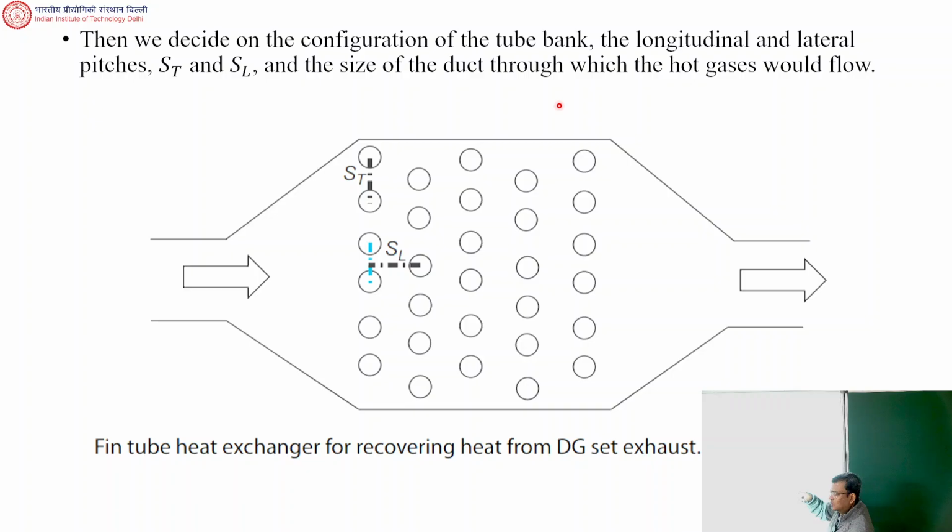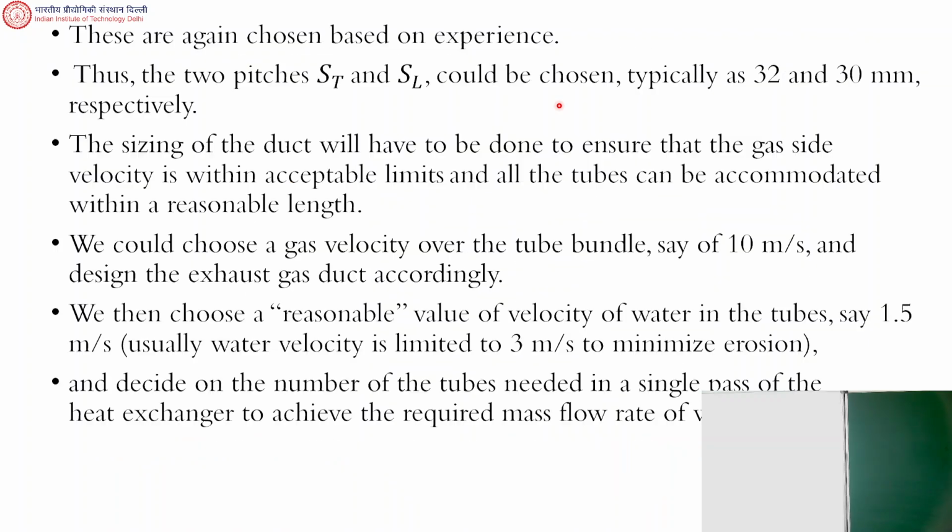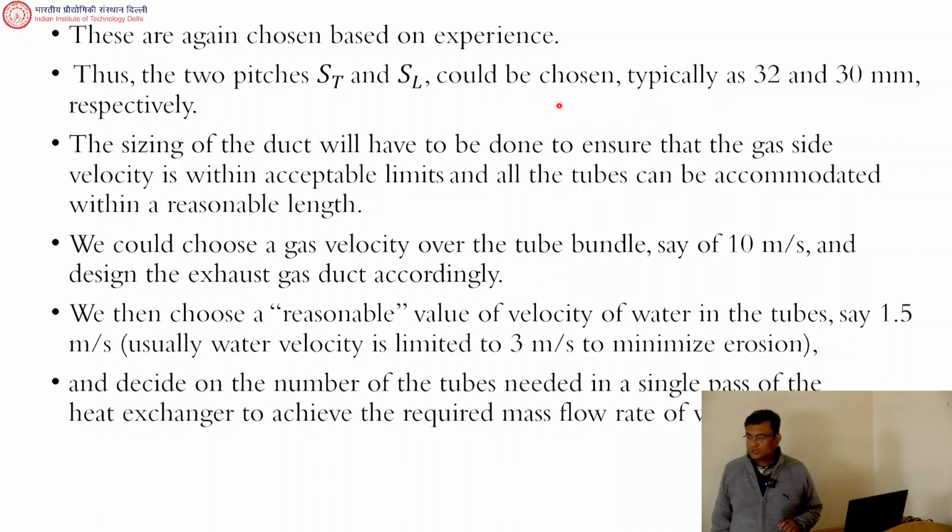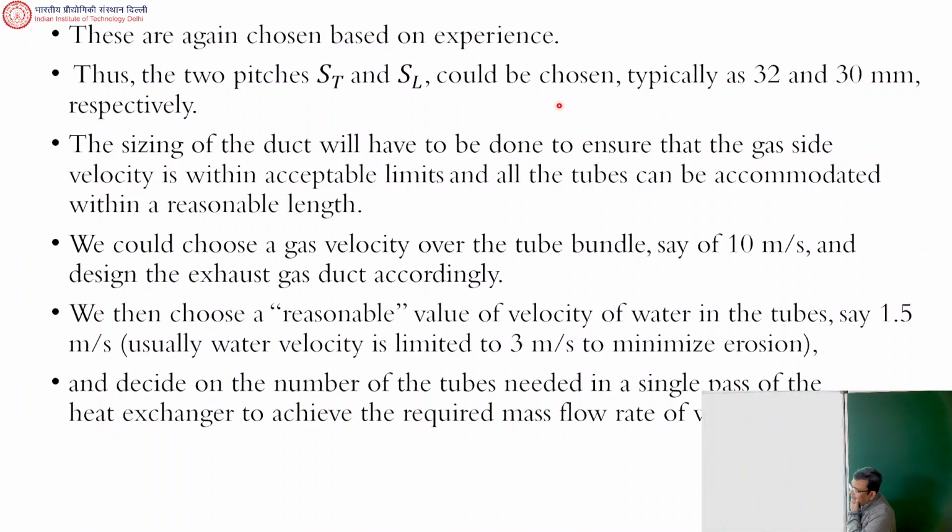We talked about the pitch of fins a few minutes back, but there will be pitch between tubes also. Two pitches, transverse and longitudinal. So then the question is that again you need values of ST and SL.